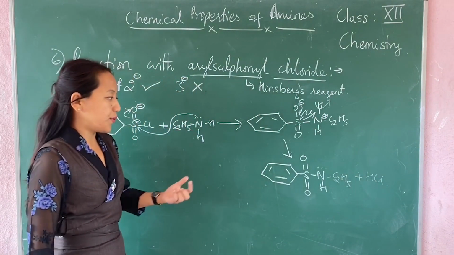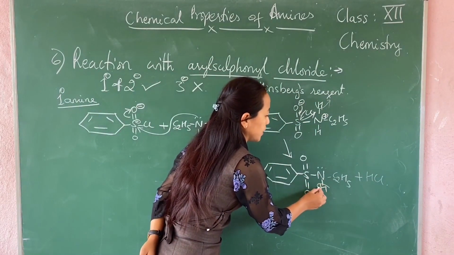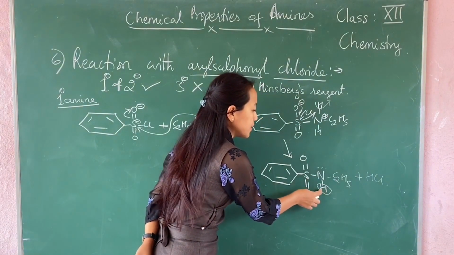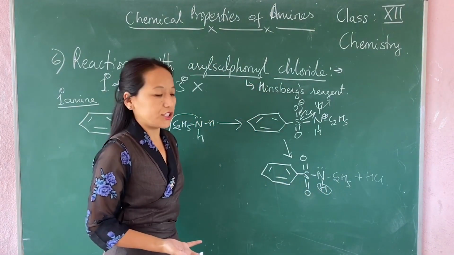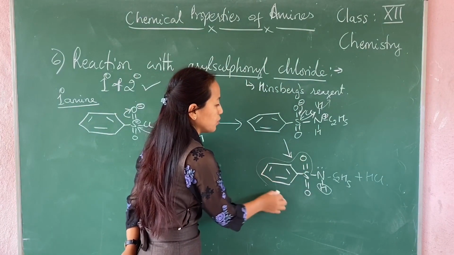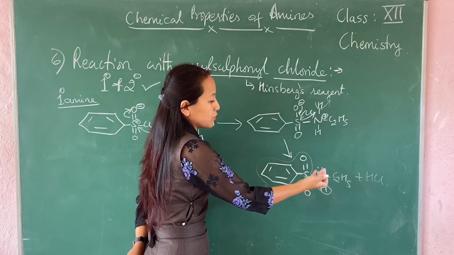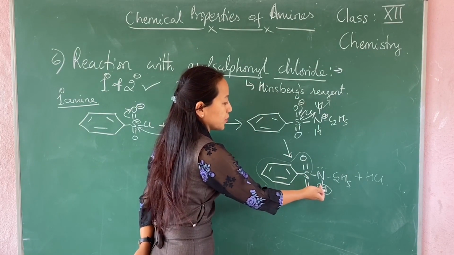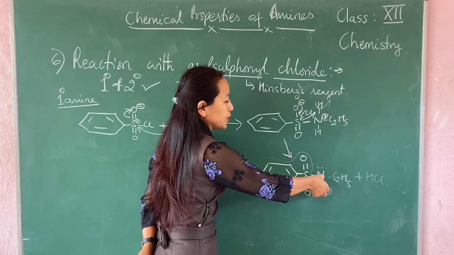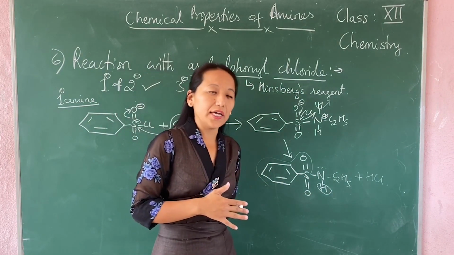Now in this case, you have a sulfonamide which contains a hydrogen atom on the nitrogen, and this hydrogen is said to be acidic in nature because it is located next to an electron withdrawing group which pulls the electrons from the nitrogen atom, which in turn tries to pull the electron from this group, because of which the bond between nitrogen and the hydrogen becomes polar and it is easier to donate the hydrogen atom.